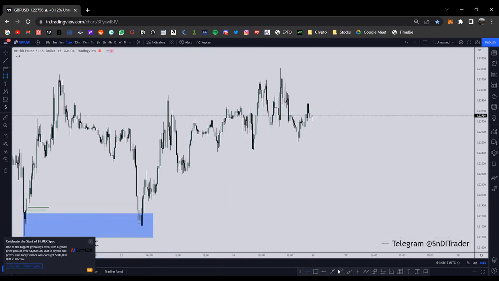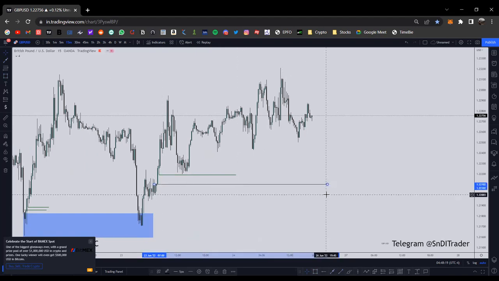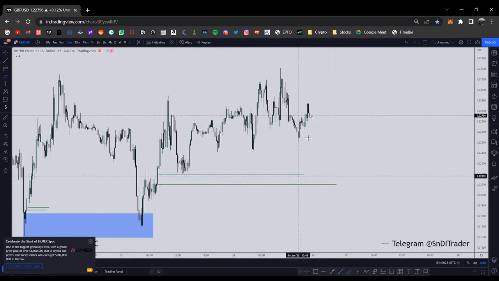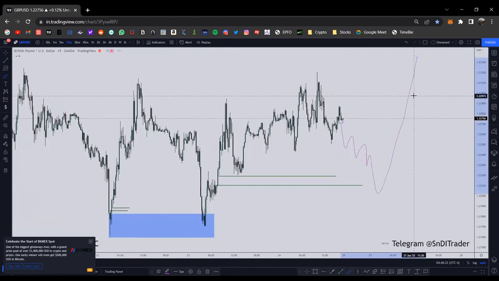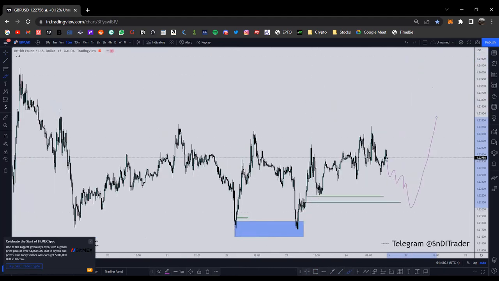Okay, but we have another fair value gap here. So it might come again and fill this fair value gap and mitigate some sort of liquidity, or sorry, order block, and can give an overnight retracement towards the upside.